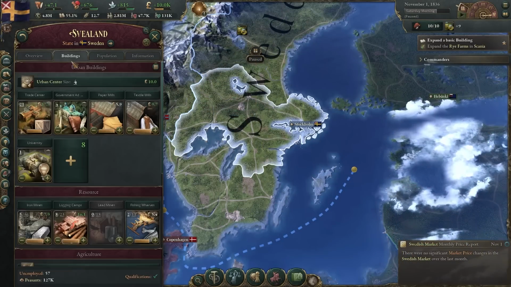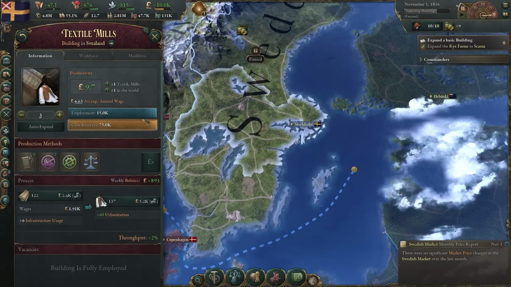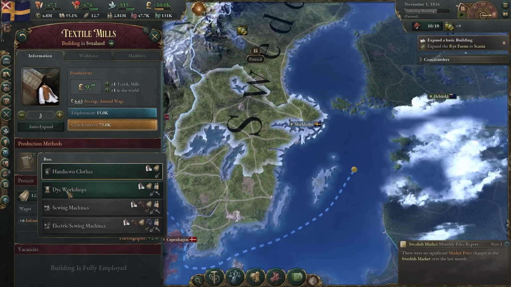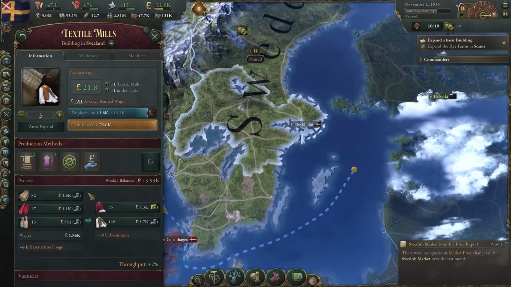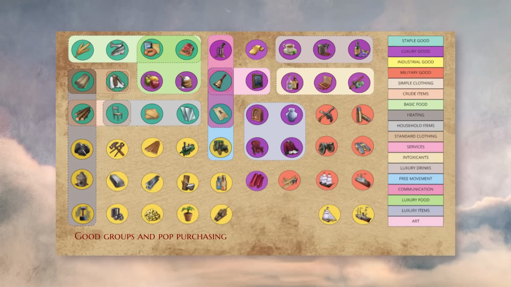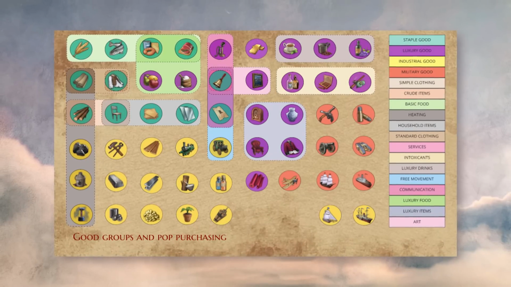Vertical growth represents the use of technology through production methods to increase the marginal productivity of your farms and factories. This comes at the cost of increasing the complexity of the input chain for that building. New production methods require new resources. It can start as simple as tools and go as complex as engines and electricity.